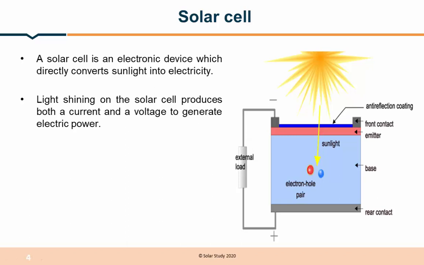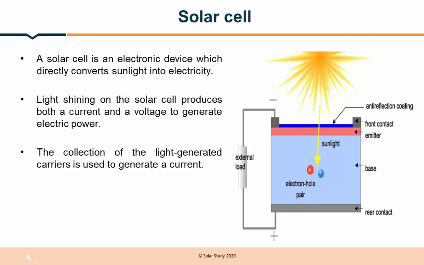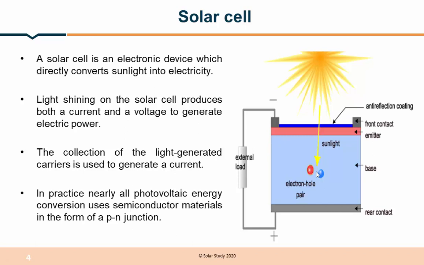When electrons move from negative to positive, that produces the current. So it is nothing but the collection of light generated carriers that gives us our current. Nearly all photovoltaic energy conversion uses semiconductor material. Almost 99% of photovoltaic devices contain the P and N junction format.